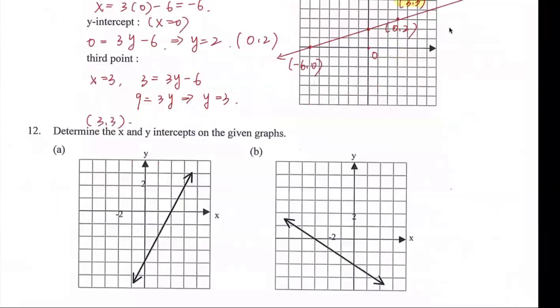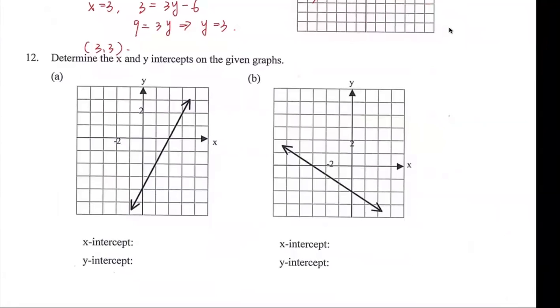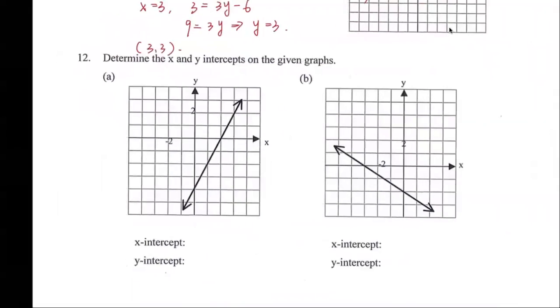Let's look at number 12. Determine the x and y intercepts on the given graphs. This is a very good question because it visually explains to you what x and y intercepts are. I think I've said this in class.